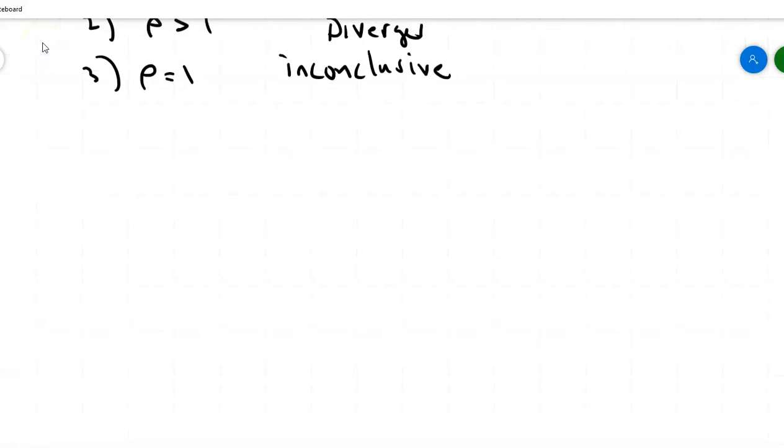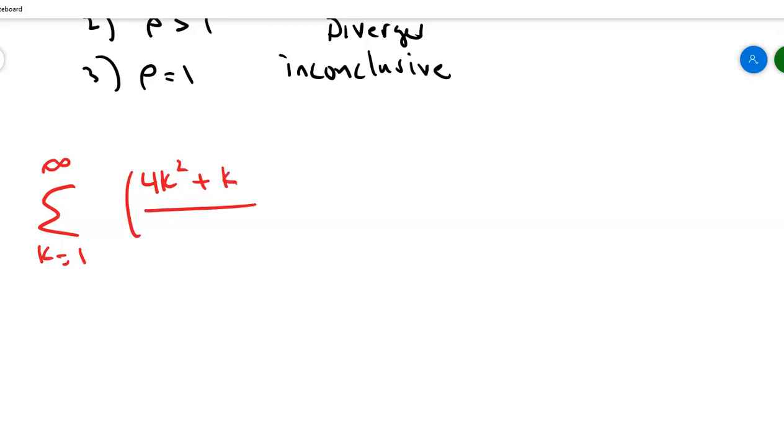So I'll do one example. I think that this thing you'll catch on pretty quick. Suppose I have this series. The sum from k equals 1 to infinity of (4k squared plus k over 9k squared plus 1), the whole thing raised to the kth power. So this here is my a sub k.